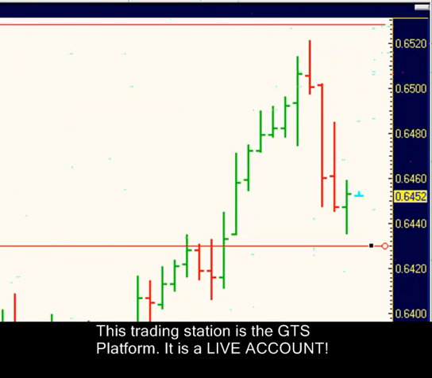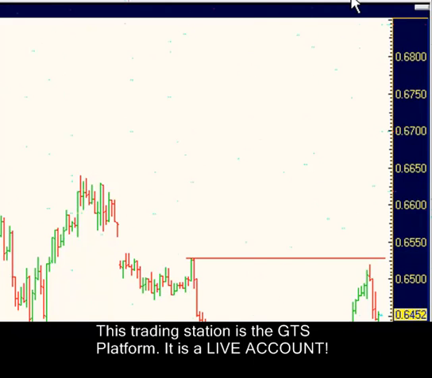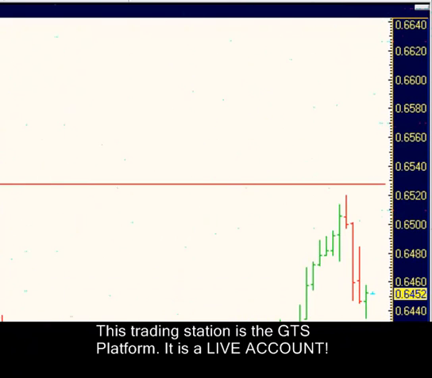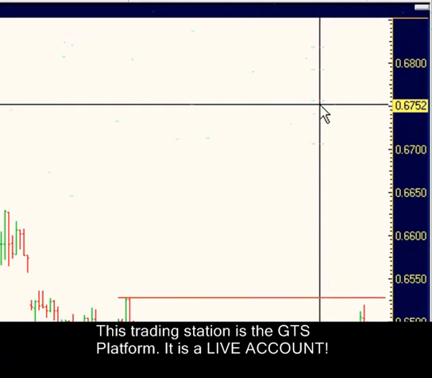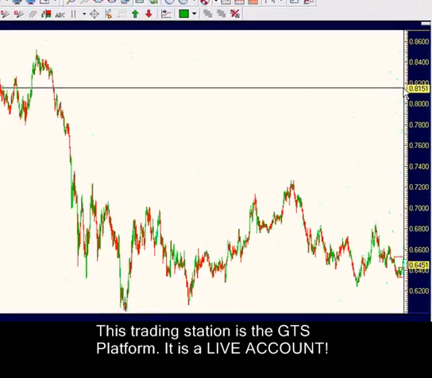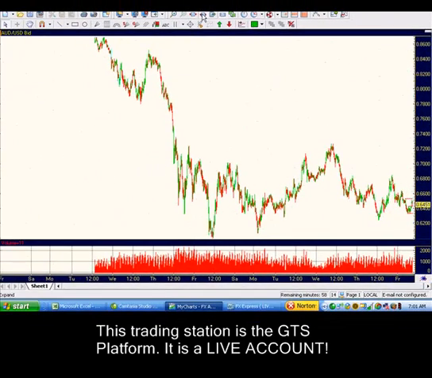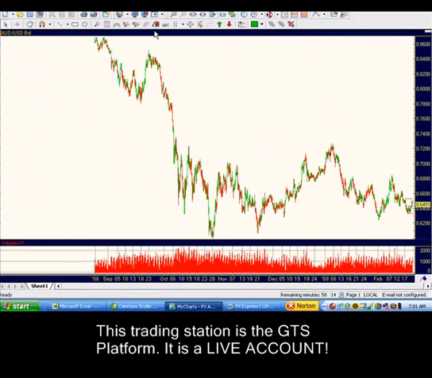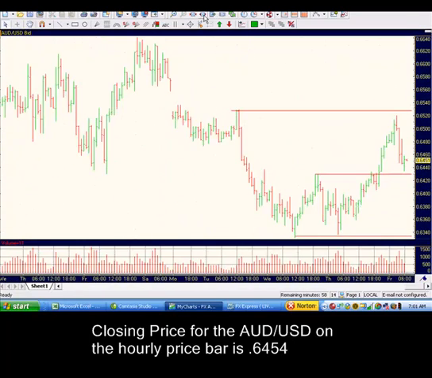The closing price on this particular chart is anywhere at the 64. Let me expand that out again. Need to freeze this, it's running away at me. Hang on, let me just widen this out one more time.